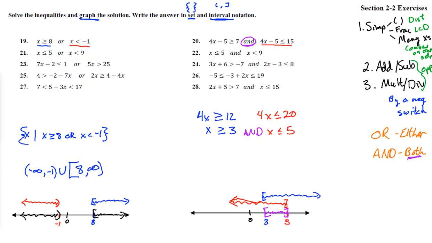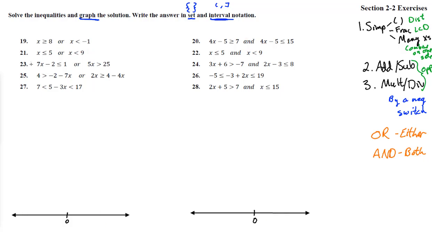So the answer then, we can simplify it down just a little bit, and we can write it like this: the set of all x such that x is sandwiched in between 5 and 3. Greater than or equal to 3, less than or equal to 5. Good. There's the set. And now the interval is from 3 to 5. And it's closed on both of them, like that.